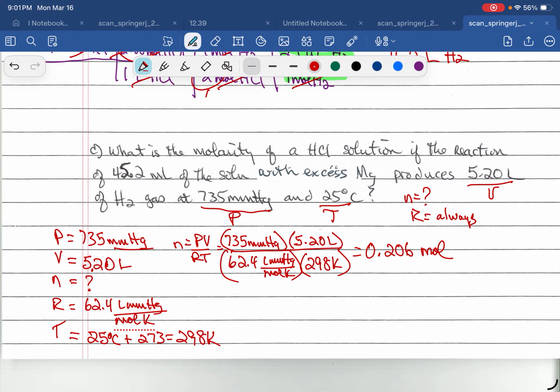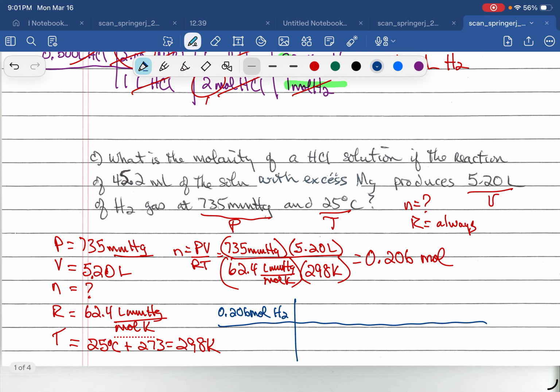But to get the answer that the book came up with, I have to go ahead and do the rounding at this point. So we'll do the rounding here. I'm going to start then with 0.206 moles of hydrogen gas. I need to go from there to my mole ratio.